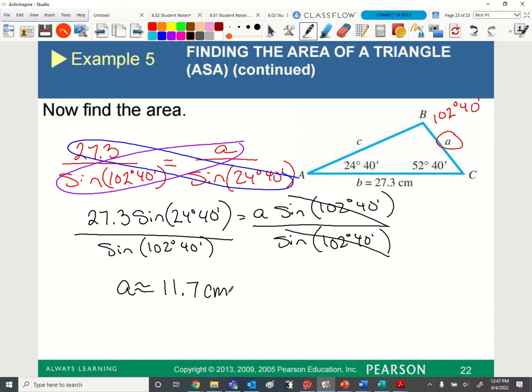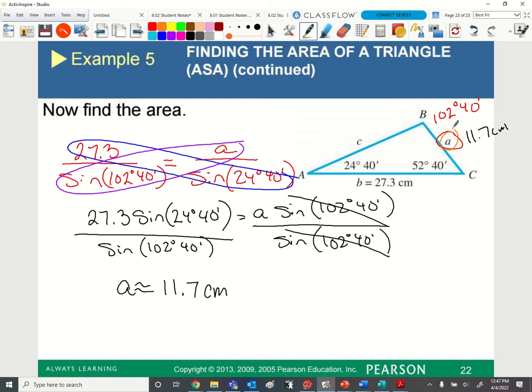Questions? Wait, so you just started with the new formula you did to figure out the 102, right? That's how you found it. All three together add up to 180, right? And I now have little a. So now I have enough information to solve for my area. Solving for my area is going to look like this.